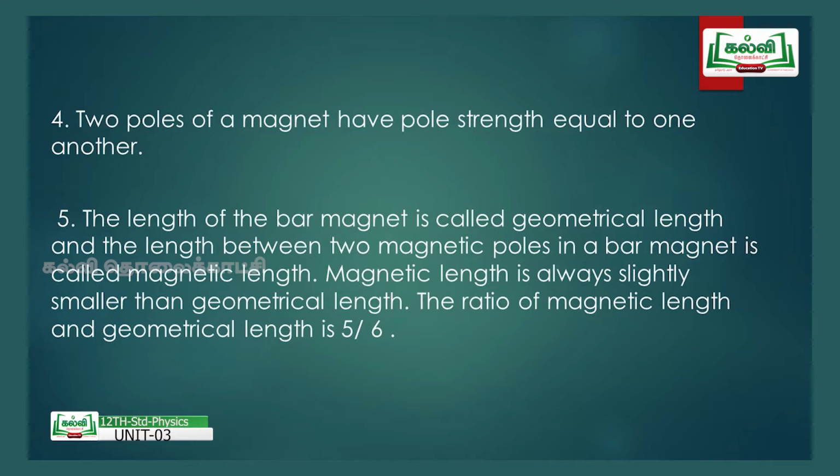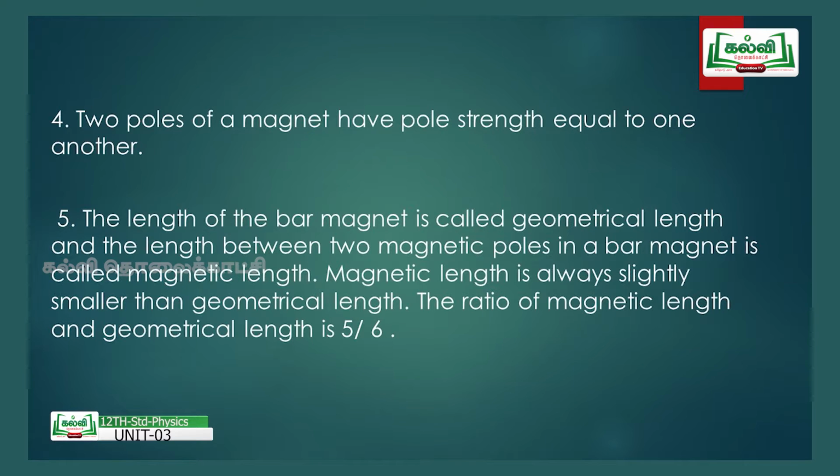The magnetic poles will be slightly inside the ends, not exactly at the end of the magnet. So, the magnetic length will be less than the geometrical length. The ratio between the magnetic length and the geometrical length is 5/6, that is, the magnetic length will always be slightly less than the geometrical length.